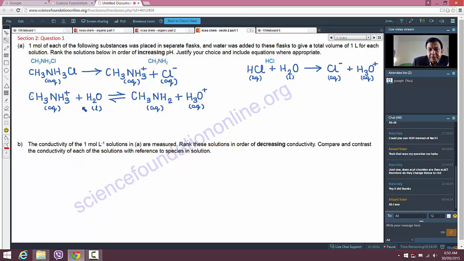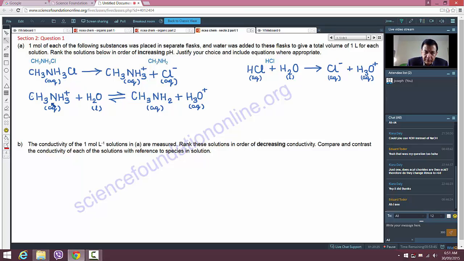I'll look at this one first. This will react with water in a very similar way to how ammonium ions react with water. It will be an equilibrium, because ammonium ions are not a strong acid, they are a weak acid. And therefore, this will do the same type of thing.